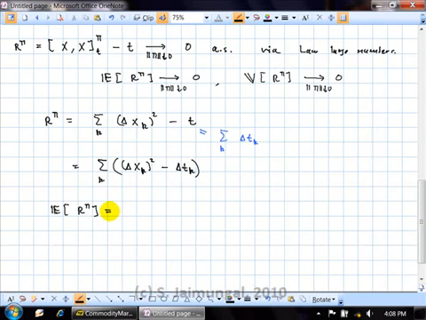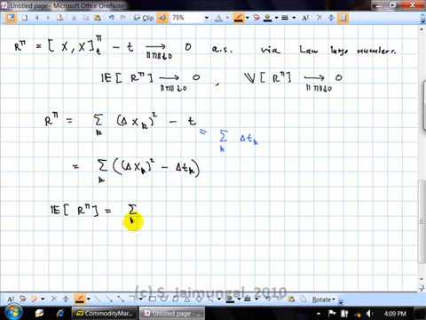Well, mean 0 means the variance equals the expected value of the square. So the expected value of delta x squared is in fact delta tk. So this in fact is 0. It is identically 0. It's not just 0 in the limit, it's 0 for every partition. Any partition will have a 0 mean error. So that's kind of cool.